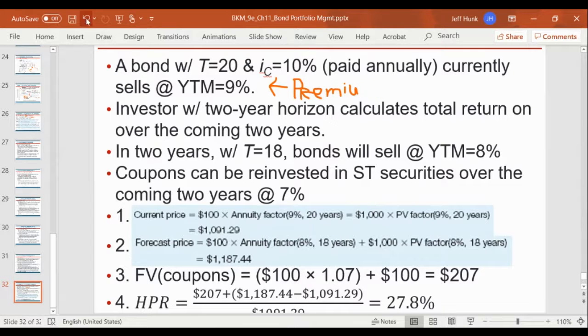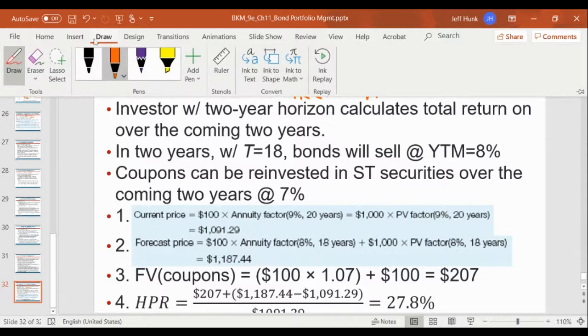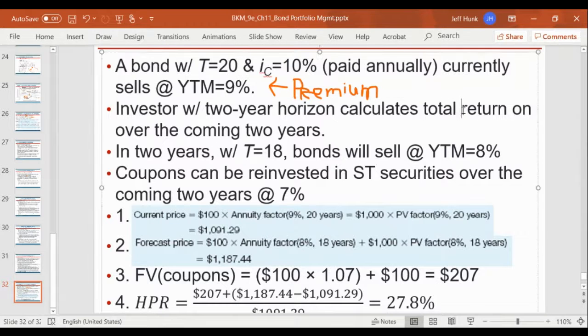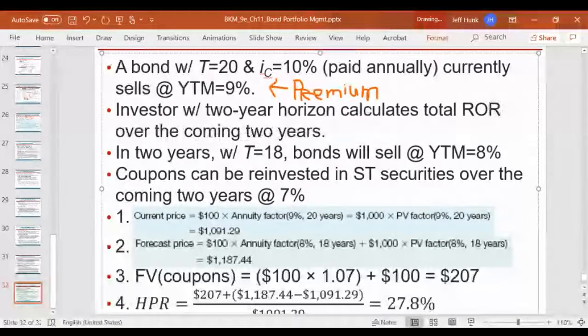So, an investor with a 2-year horizon calculates total return over the coming 2 years. This is poorly written; I would say rate of return, or ROI.